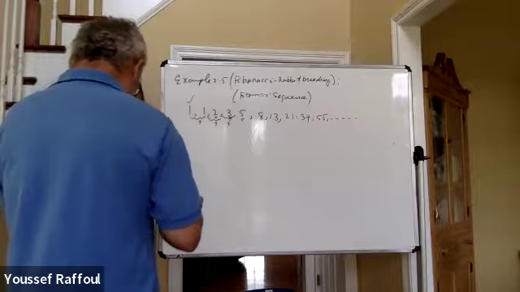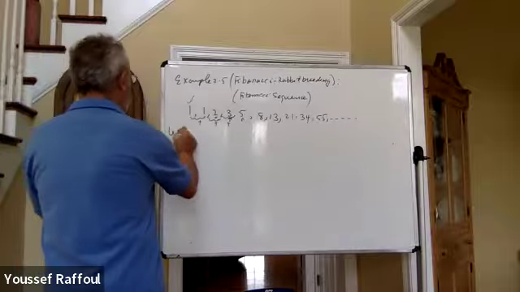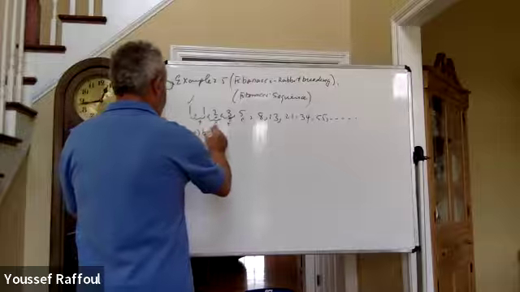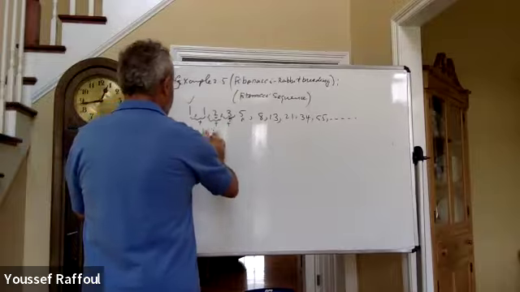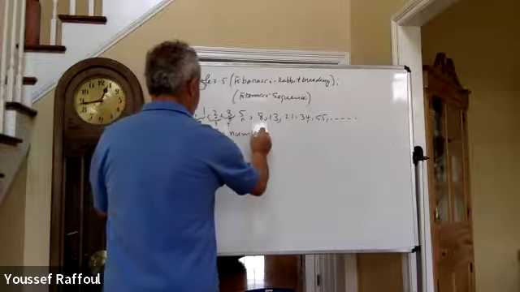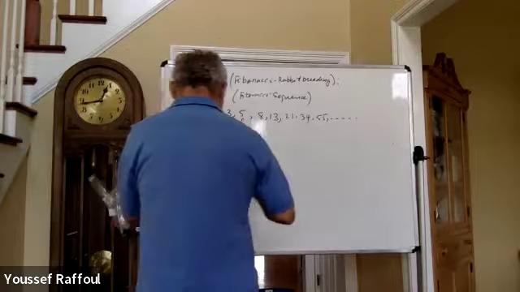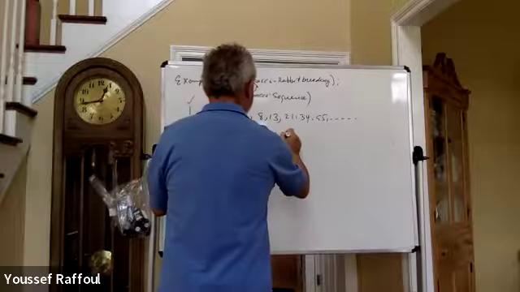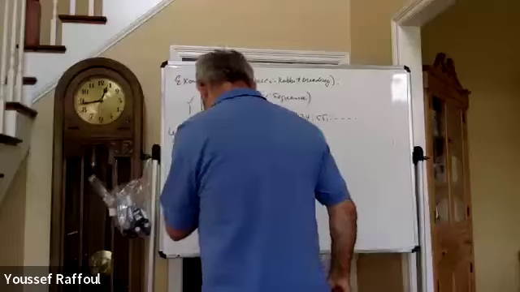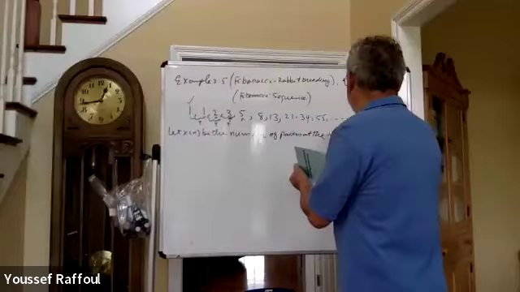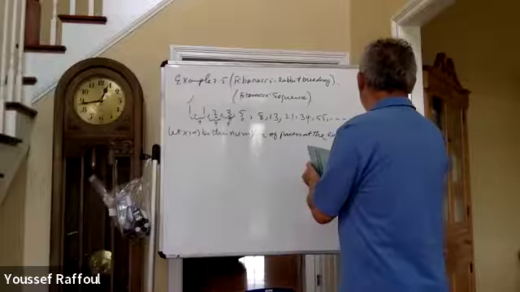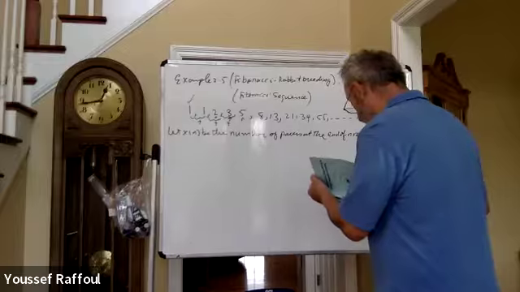All right. So we're going to let xn be the number of pairs at the end of n months.